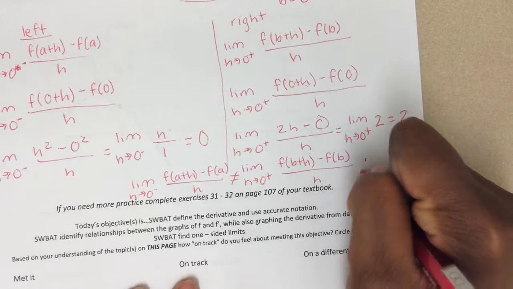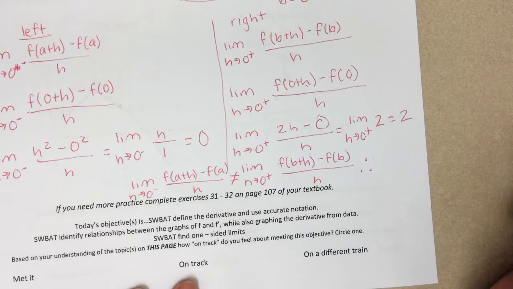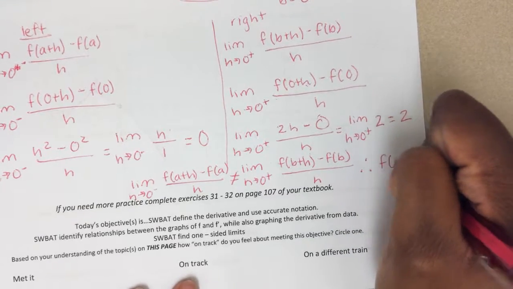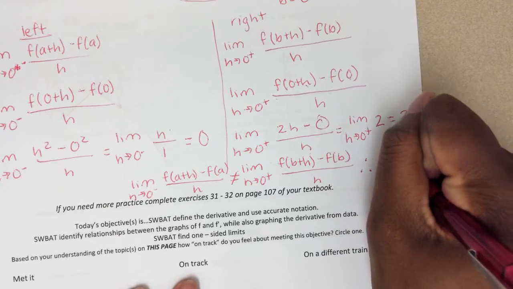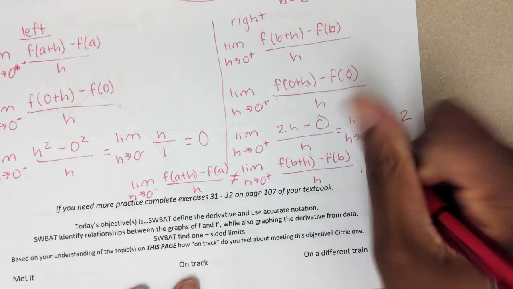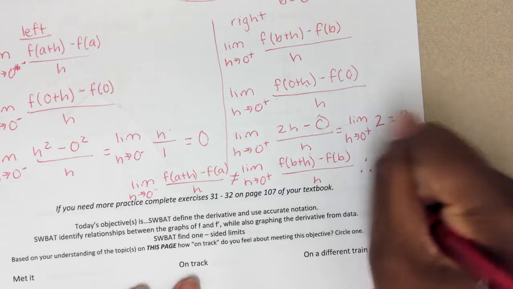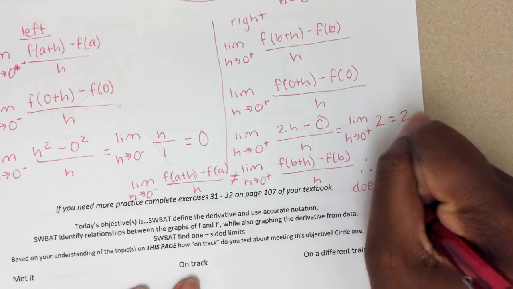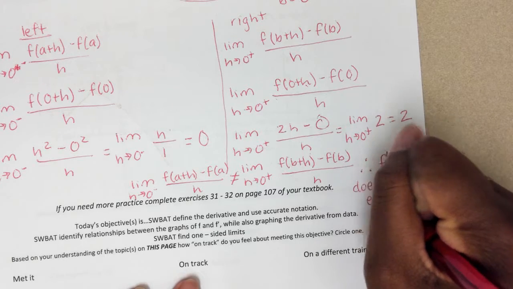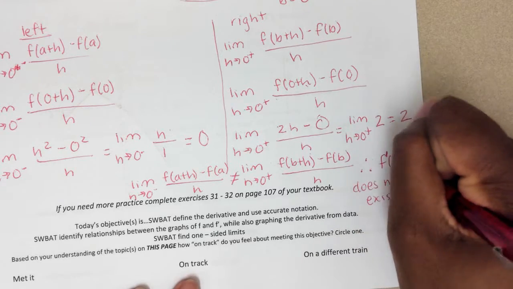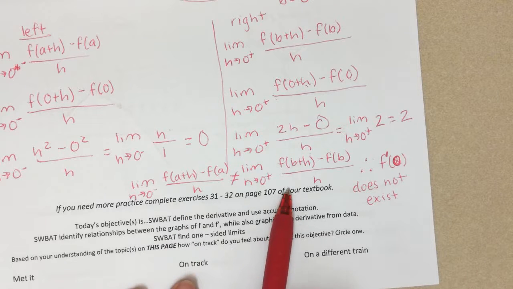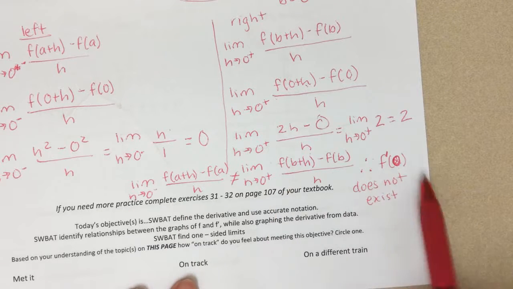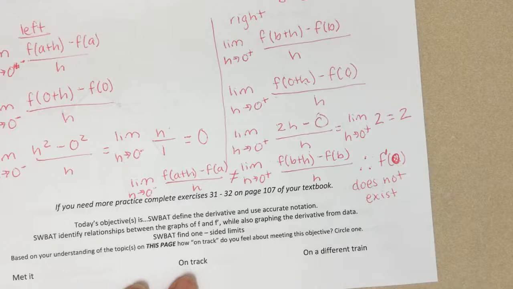Therefore, f prime of 0 does not exist. Right, so if the derivative doesn't exist from the left and the derivative doesn't exist from the right, then the derivative at that point does not exist.